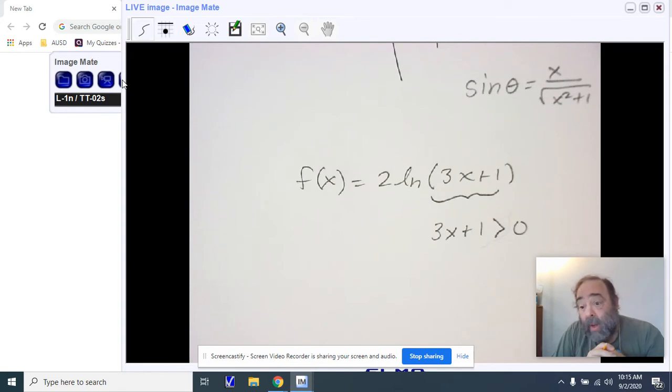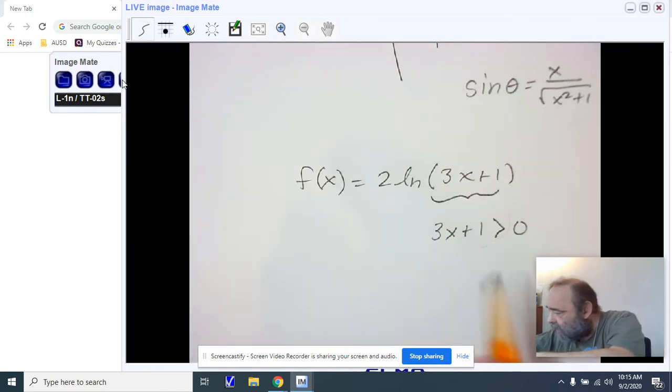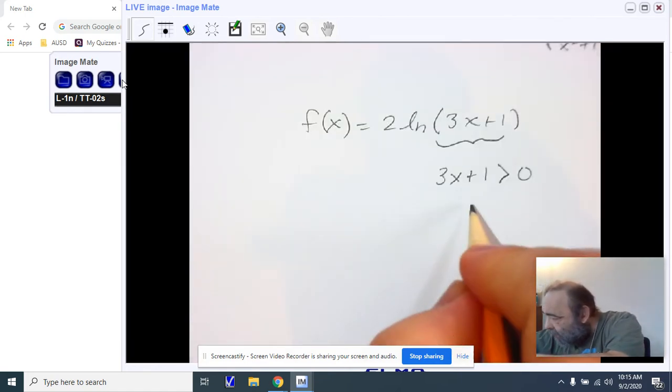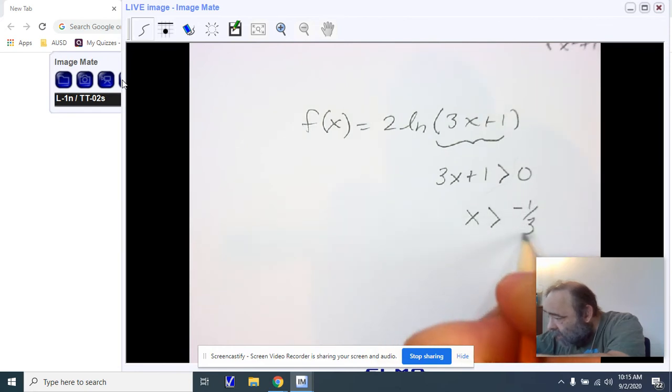And e is a real number. It is irrational, but it's positive. And if you're going to take a part of a positive thing, you will have something positive. And therefore, 3x plus 1 has to be greater than 0. So we now solve for x, and we find that x is greater than negative 1/3.